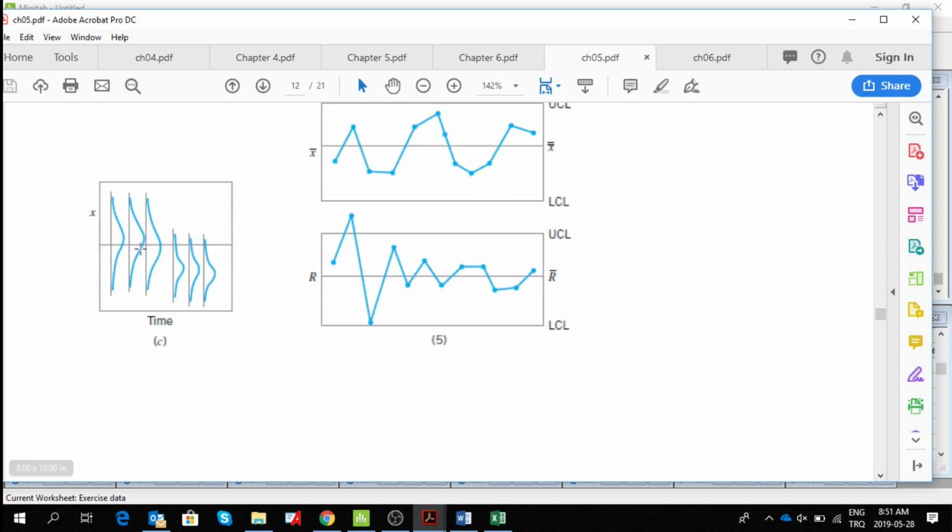Here we look at again X, the mean. The mean is a little bit above the regular mean, and then it gets very small, and the variance is large in the first 3, and then the variance gets smaller. So if you look at the R chart, at first the variance is big, but then it gets smaller.